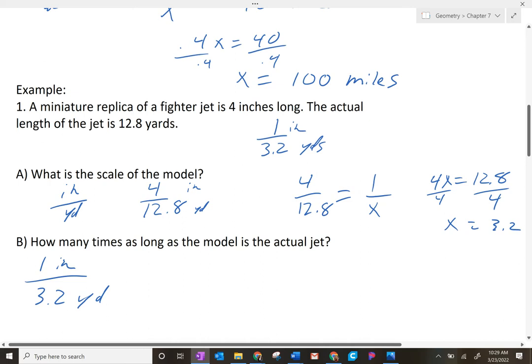In order for me to figure out how many times it is, they need to be the exact same label. So this one's in inches, this one's in yards. What I need to do is convert those 3.2 yards into inches. Thoughts on how I can do it?